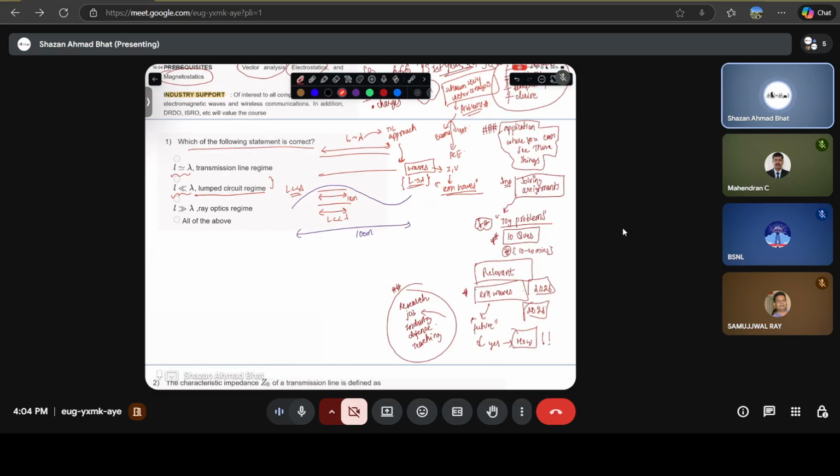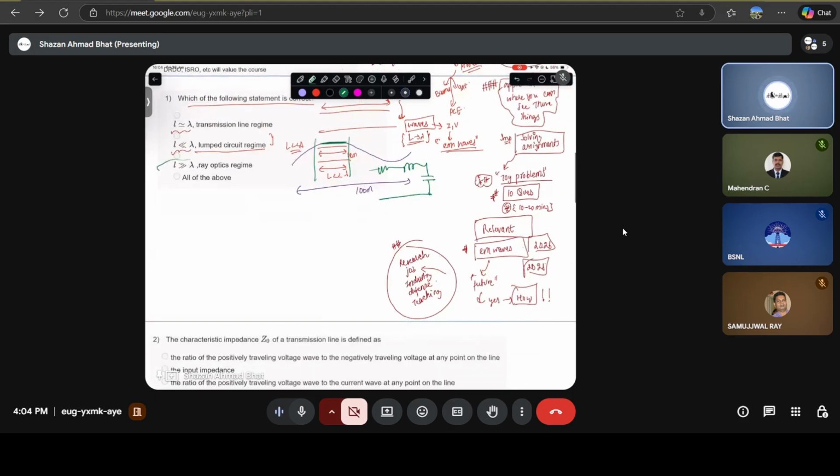Essentially, the wave through this entire region is going to remain uniform. It's not going to change. The wave is not going to look at it differently. It's going to stay the same in this small region. So it can be treated as a lumped element, a single element of resistance, capacitance, and inductance. Most of the time, resistance, inductance, and capacitance.